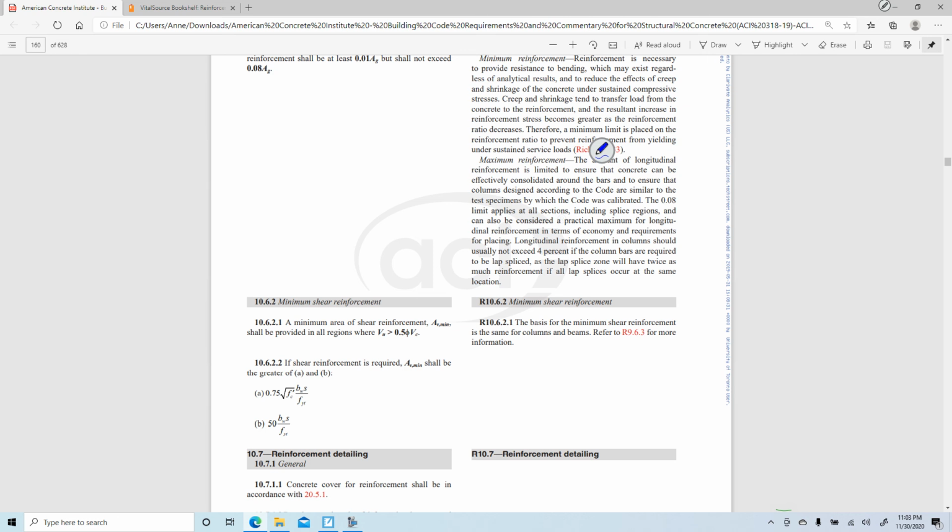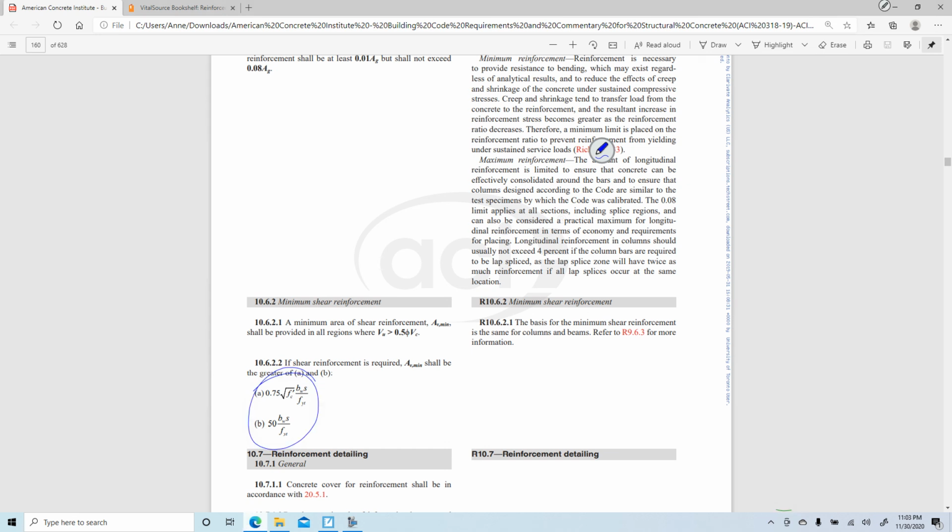AV min is the same as before, isn't it? Like beams. Yeah, it's the same as beams, 0.75 and 50. So AV min is 0.75 square root f'c, bw over s.